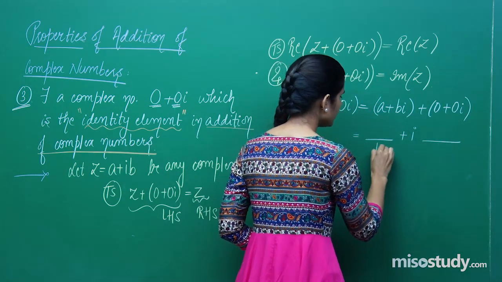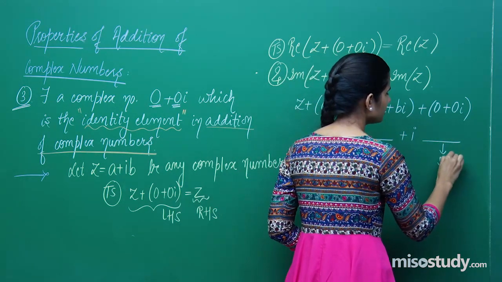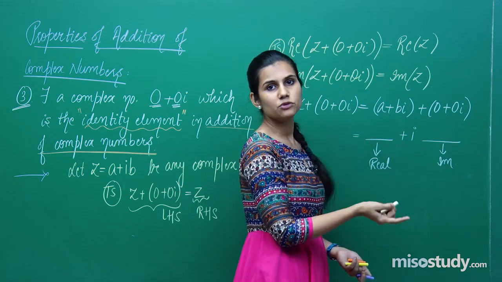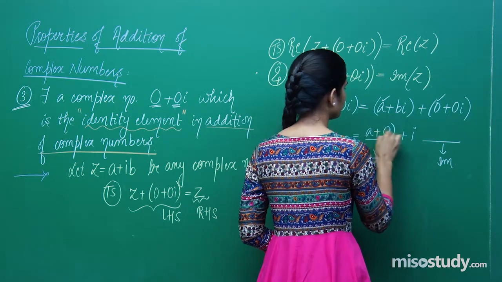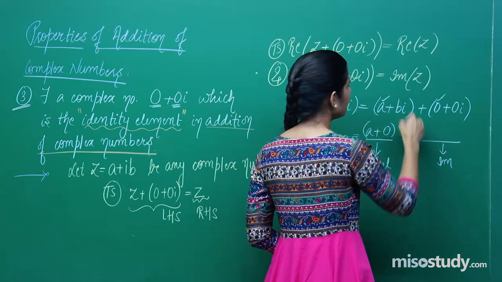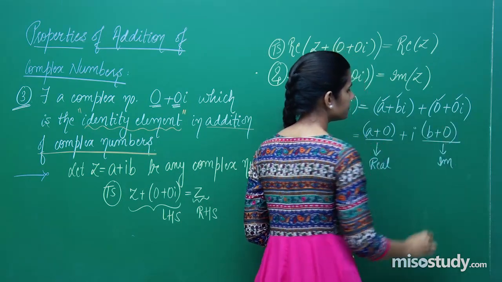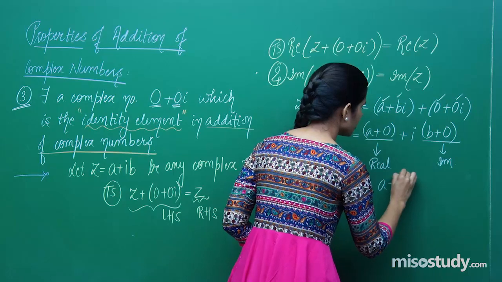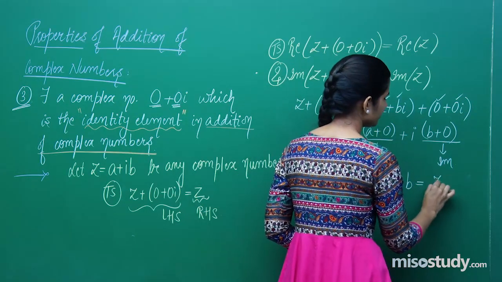This is the real part of the sum, and this is the imaginary part of the sum. The real part of the sum is the sum of the individual real parts, A plus 0. The imaginary part of the sum is the sum of the imaginary parts, B plus 0. And therefore, your answer is A plus iota B, which is Z.